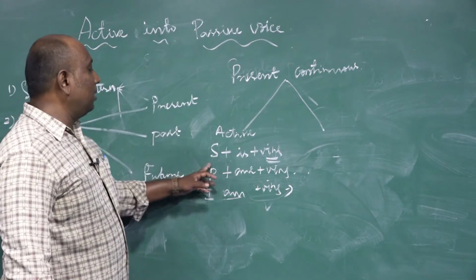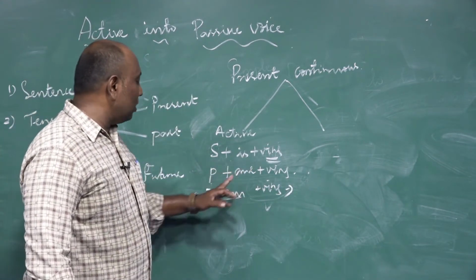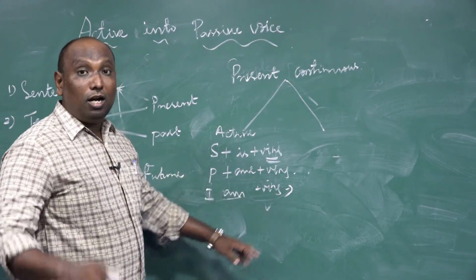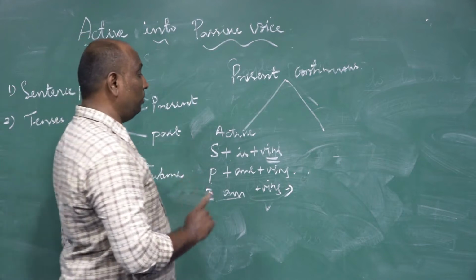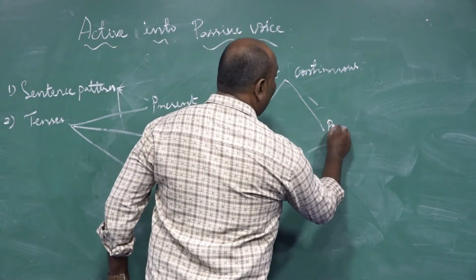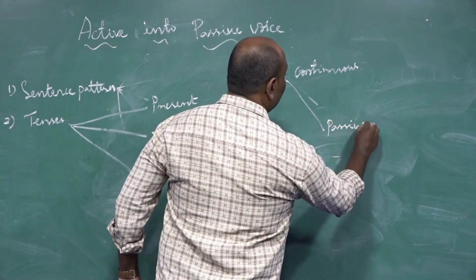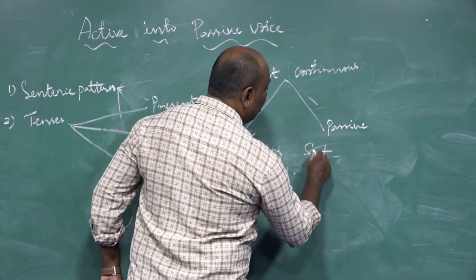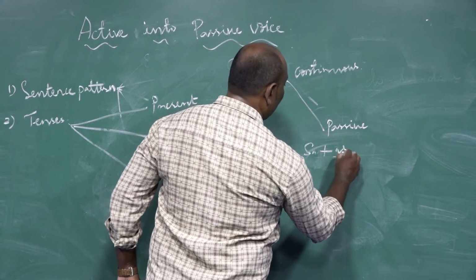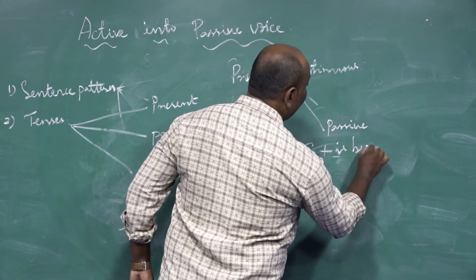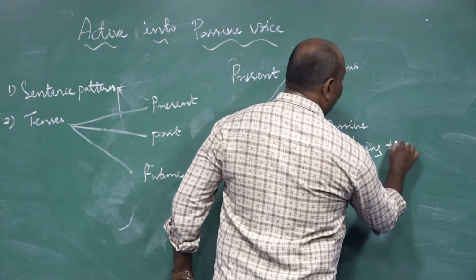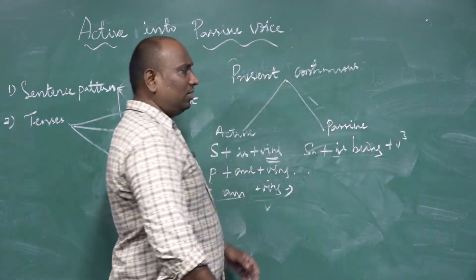So remember, singular subject takes "is", plural subject takes "are", and when the subject is I, you have to use "am", plus a gerund or present participle. For passive voice, for a singular subject, you have to use "is being". For plural, "are being", and the verb automatically will be in the third form, whatever the tense form.